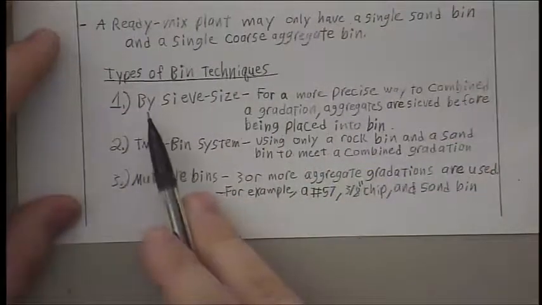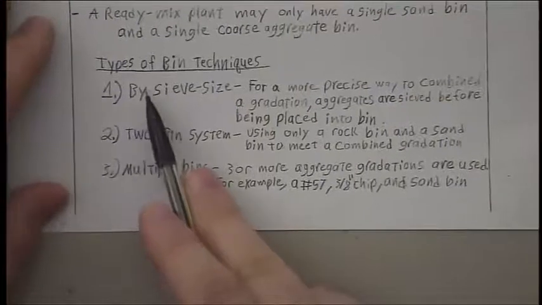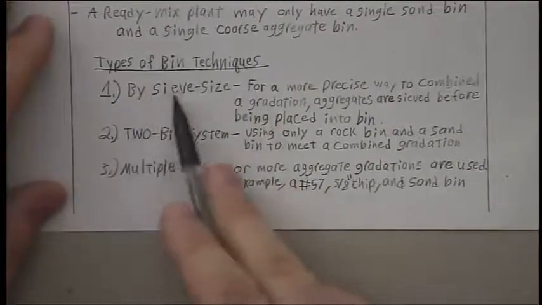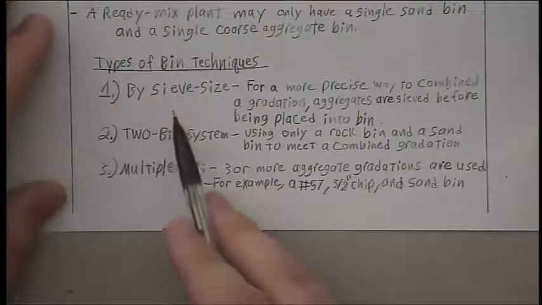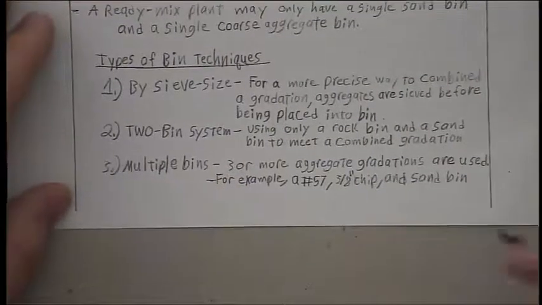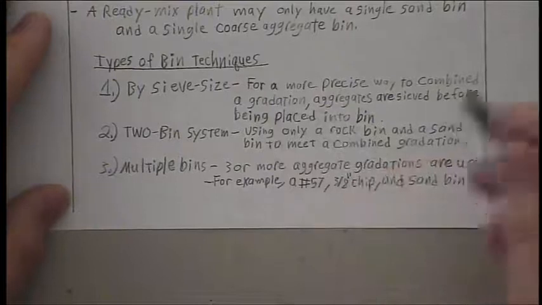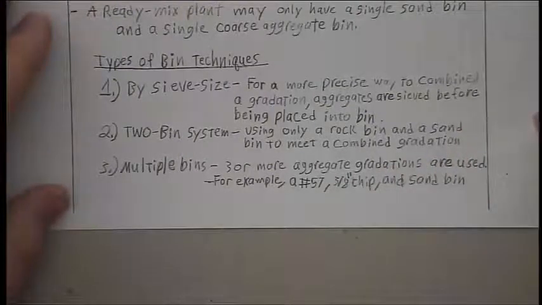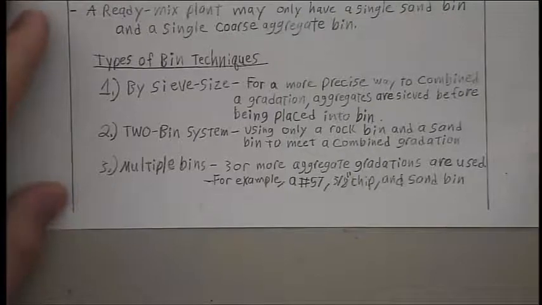You can sieve. A lot of times with asphalt, they'll sieve everything by sieve size. They'll have all the bins out there, they may leave the sand, but they will sieve all your coarse and your intermediate into different bins, and then they'll recombine it when they're about ready to mix.